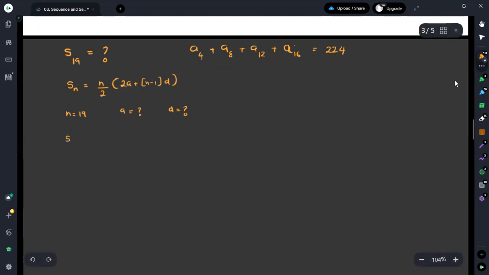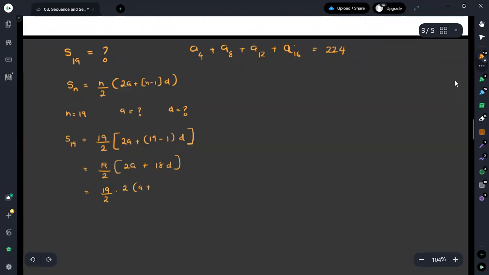We will continue the calculation using n equals 19. Then n is equal to 19, divided by 2, times 2 times A plus 19 minus 1 times D. Therefore, we can see that the answer we are getting here is 19 over 2 times 2A plus 18 times D. Then if you solve it further, we can take 2 out of this.